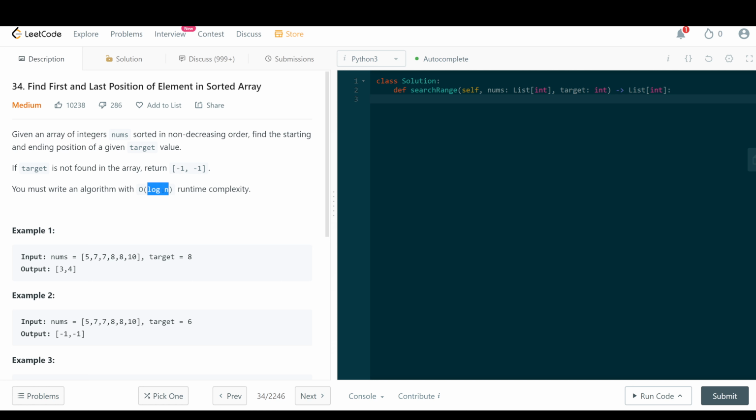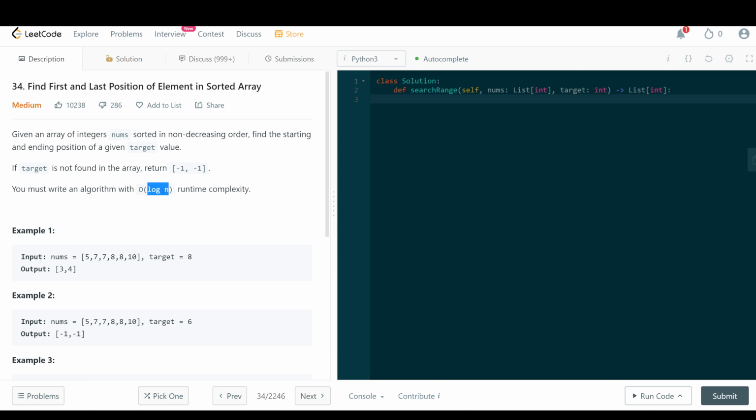First will be find element, and let's pass nums and target, and then find first is, let's say, true. Let's define it with self. So let's do find first, with self, nums, and target.